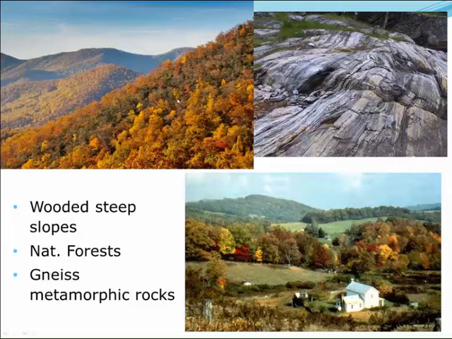These are the steep slopes. Most of this would be in the Blue Ridge Parkway, Jefferson, Washington, Jefferson National Forest. You can see the metamorphic rock here. This is gneiss, G-N-E-I-S-S. It's a type of very, very resistant metamorphic rock with lots of quartz in it. And you can see the Blue Ridge landscape here, where we have mainly pasture land.